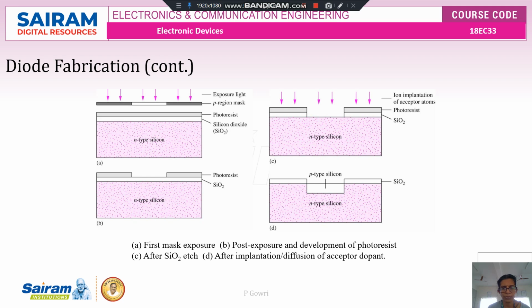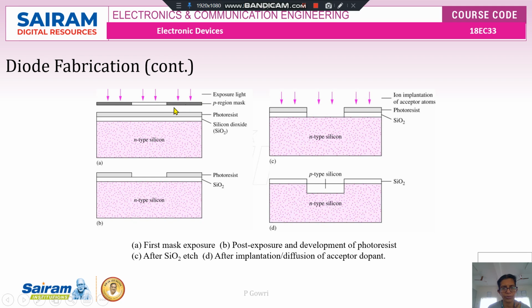First, you have a silicon dioxide layer on which the photoresist is coated by means of a spinner, which spins at a very high speed, and hence the coating takes place. Next, place a P region mask.